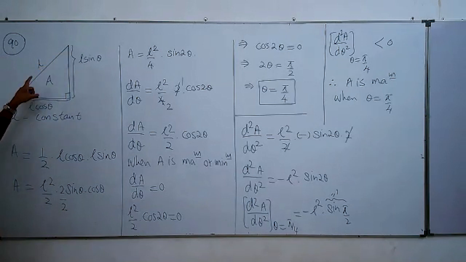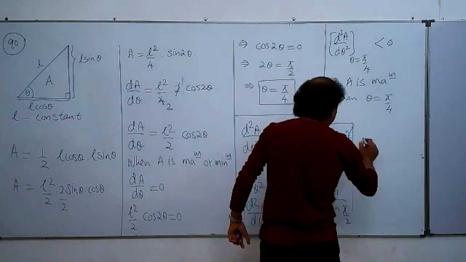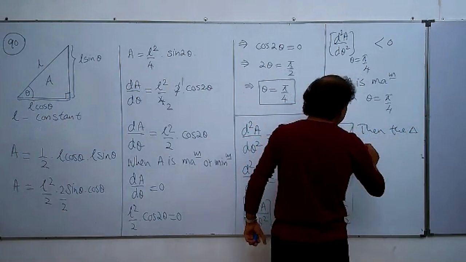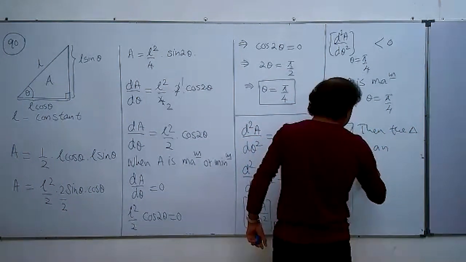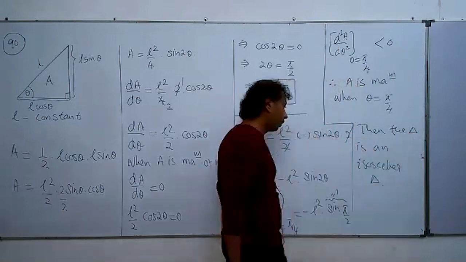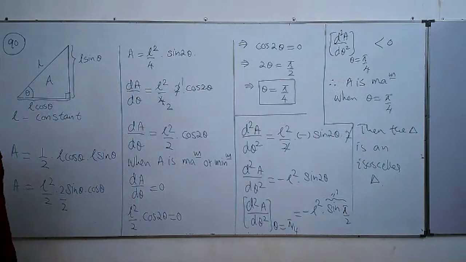These two angles, this and this, are equal now. Then this triangle becomes an isosceles triangle. So therefore, we can write the answer: the triangle is an isosceles triangle. Understand it? This is how we prove that part.